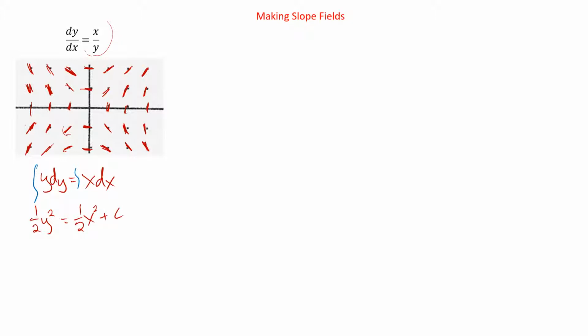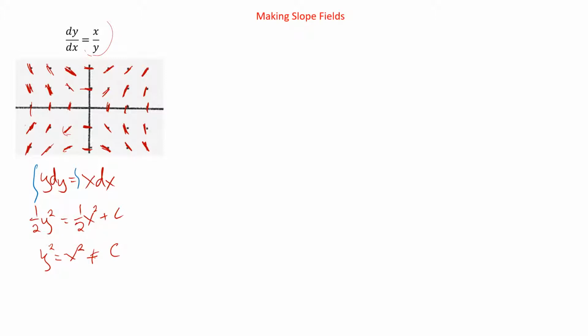Can multiply by 2. We don't want 1/2 y squared probably. So multiply by 2, we'd get y squared equals x squared, then plus 2 times unknown constant, still an unknown constant. We don't know what that number is.